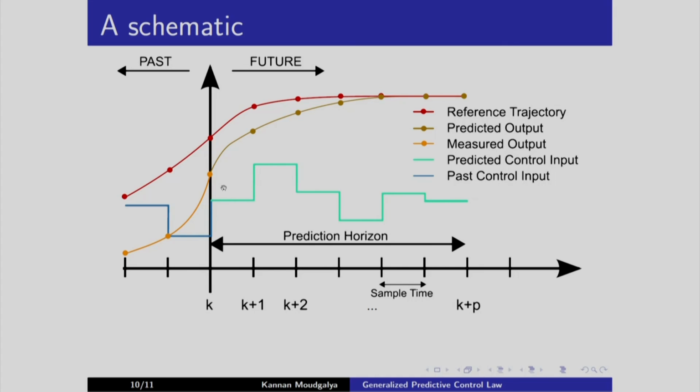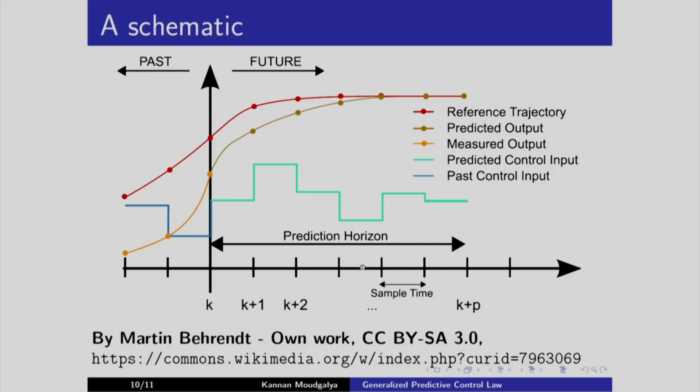If our control law is good, our prediction will coincide with the required set point trajectory. Here is the predicted control effort. We will implement only the first control effort, first control move. So I have taken this from Wikipedia.